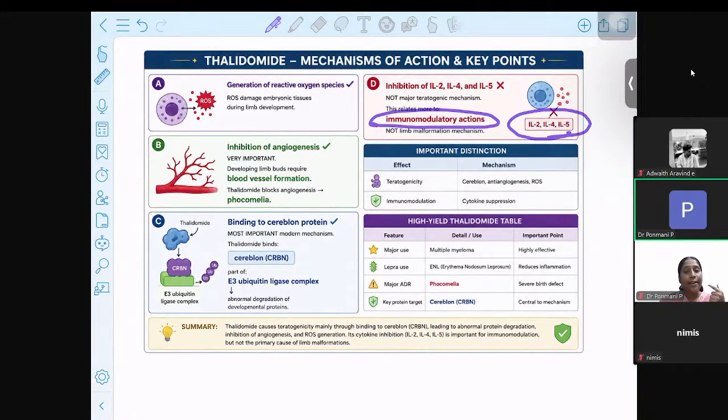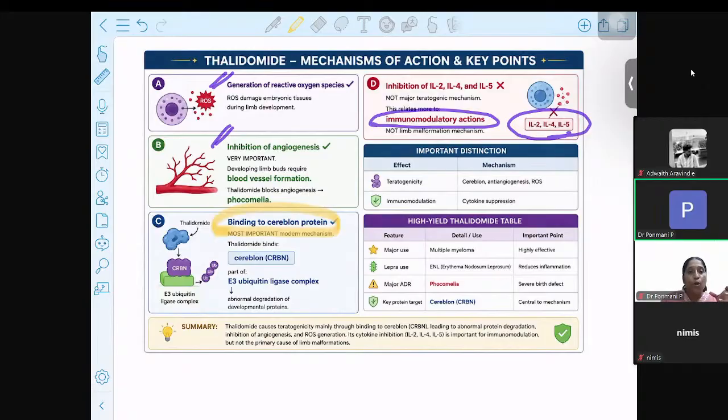Whereas the mechanism by which thalidomide causes phocomelia is different. It causes more reactive oxygen species, as I already said. And it causes inhibition of angiogenesis. And the most important is that it binds to the cereblon protein. What is cereblon protein?